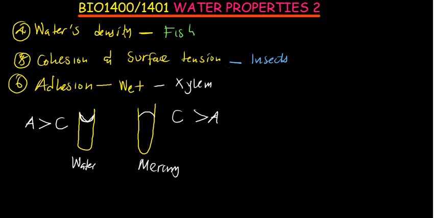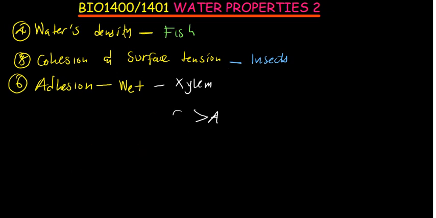So cohesion: one water molecule attracts another water molecule. And water molecules are going to be attracted to the surface of the vessel, maybe the xylem vessel or the phloem vessel. That is why water is able to flow going up. So capillary action is due to cohesion and adhesion, which together cause water to work against gravity.